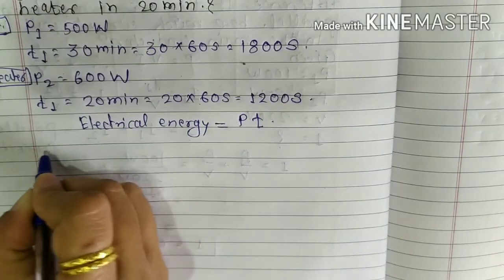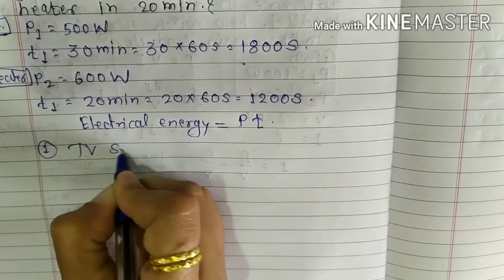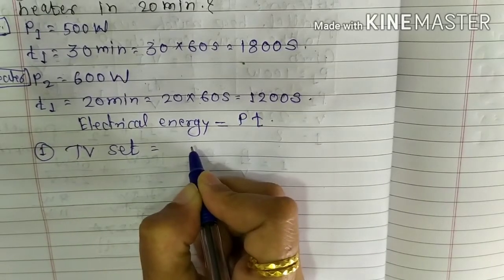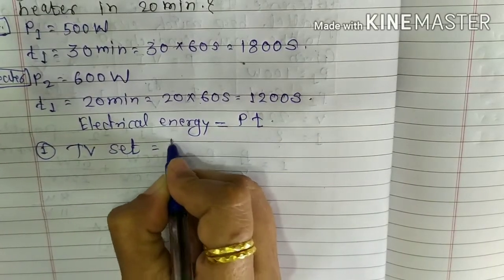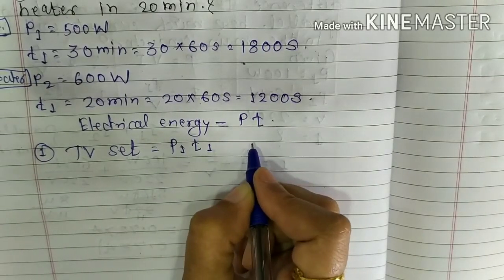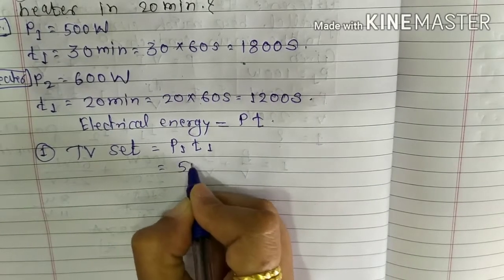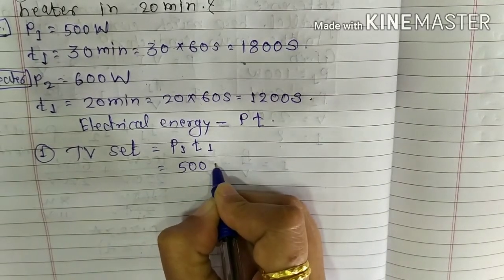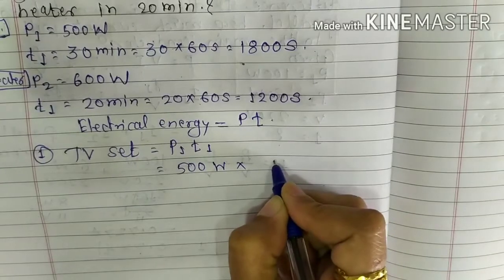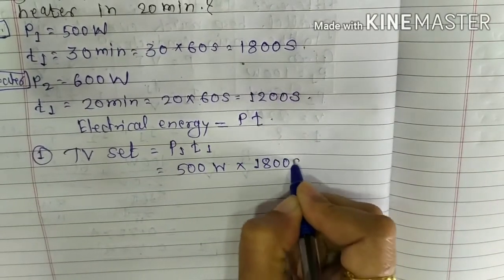So first for the TV set, it is equal to P1 into T1, is equal to 500 watt into time, that is 1800 seconds.